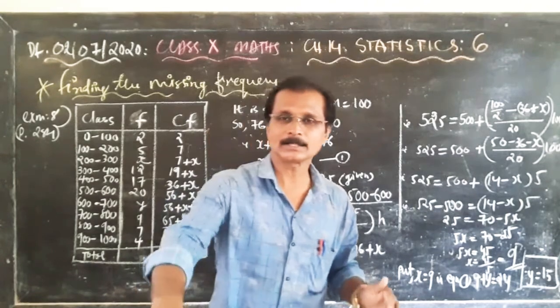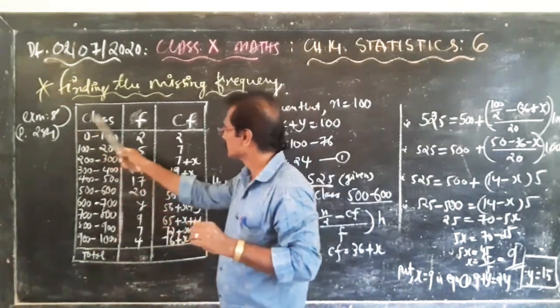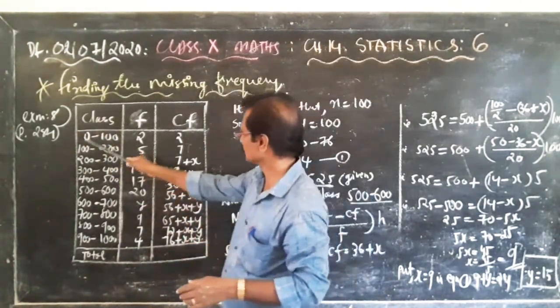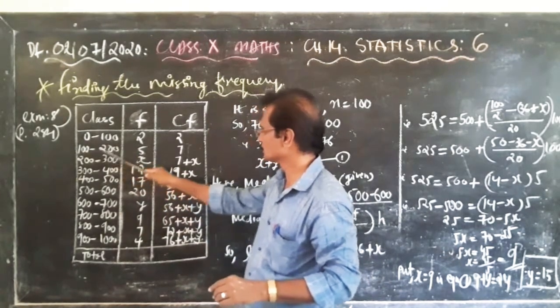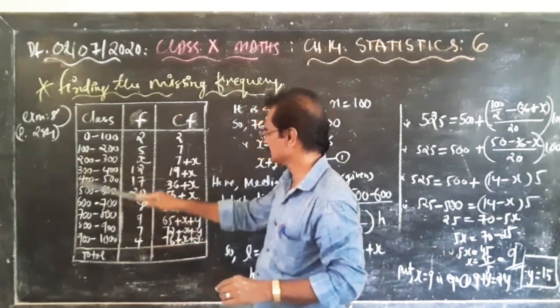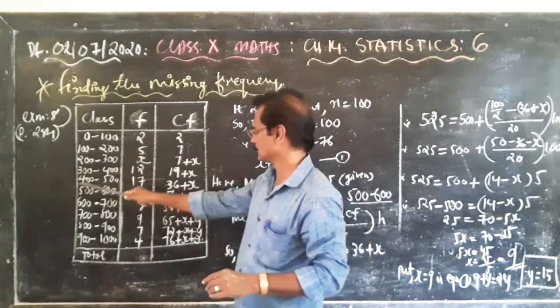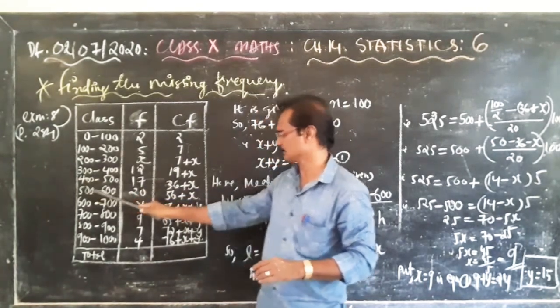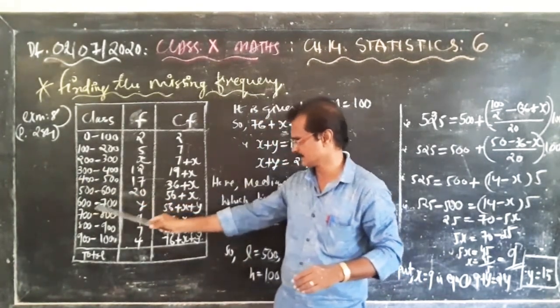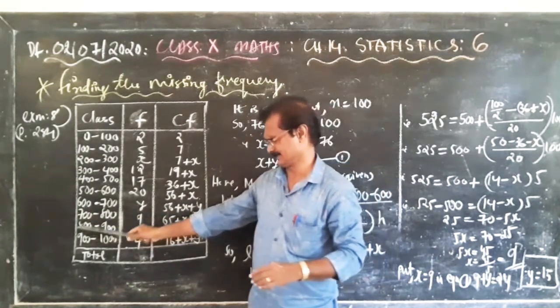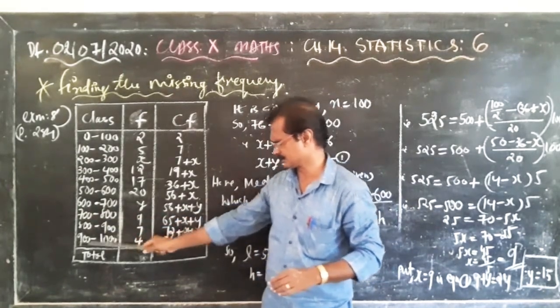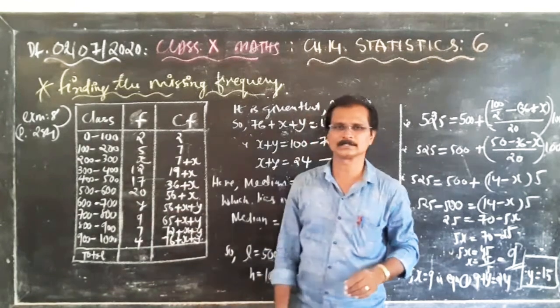Okay, now look at the table. Classes: 0 to 100, 100 to 200, 200 to 300, 300 to 400, 400 to 500, 500 to 600, 600 to 700, 700 to 800, 800 to 900, 900 to 1000. These are the 10 classes.